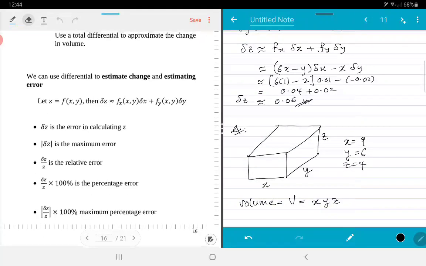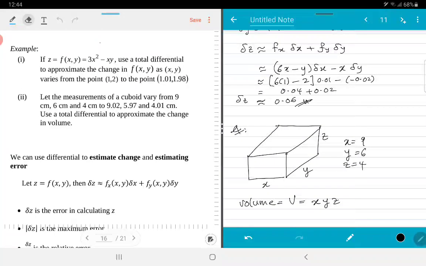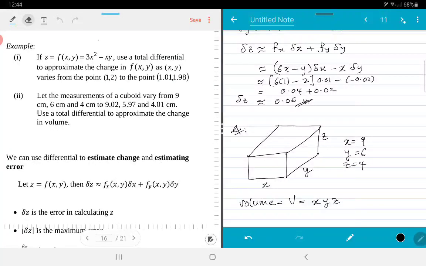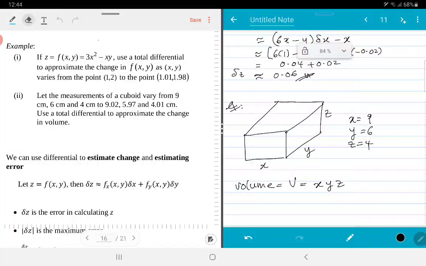But now there are changes in the measurement. Instead of 9, 6, and 4, it varies to 9.02, 5.97, and 4.01.